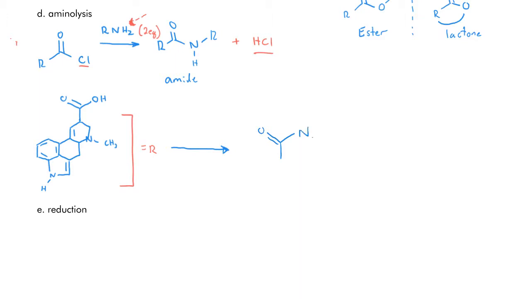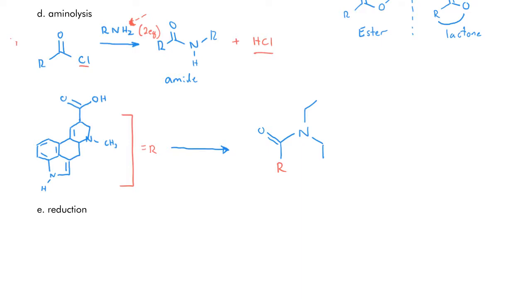It can be turned into an amide with 2 ethyl groups on the nitrogen. It's called the diethylamide. And that's another famous molecule known as lysergic acid diethylamide, or LSD. So apparently this is, I think, the last step in that preparation. Once you have the lysergic acid, it's converted into this amide.